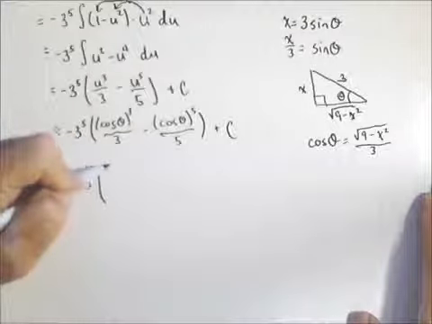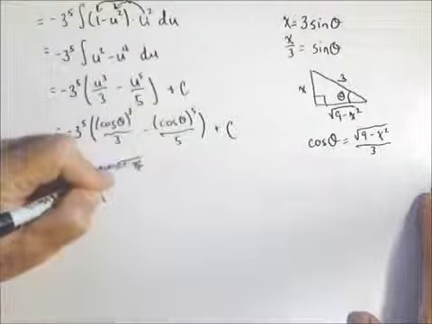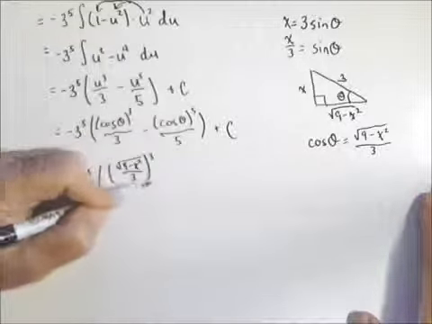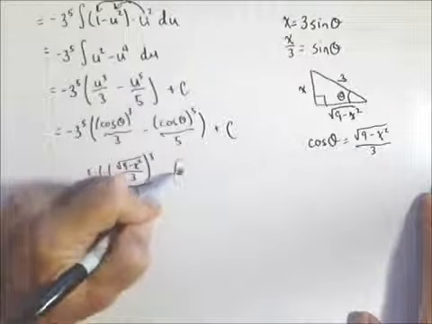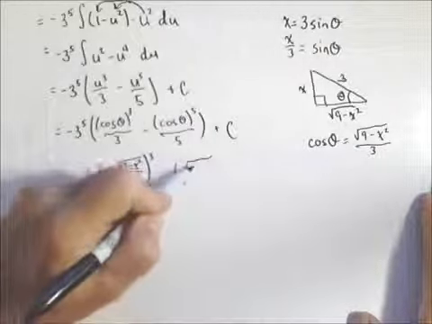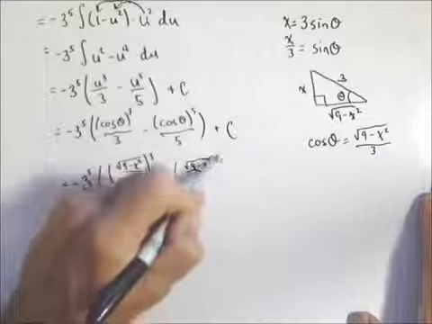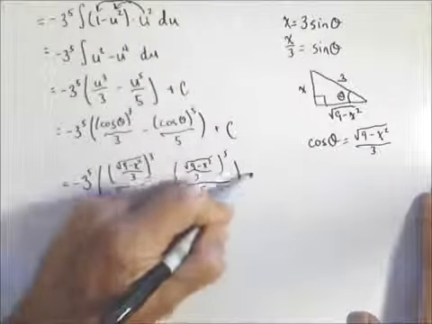So we have square root of 9 minus x squared over 3 cubed over 3 minus square root of 9 minus x squared over 3 to the 5th over 5 plus c.